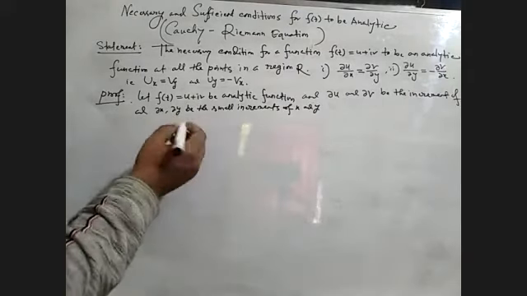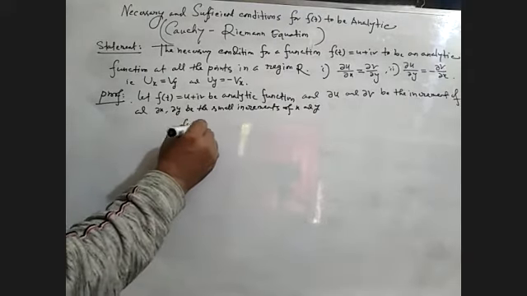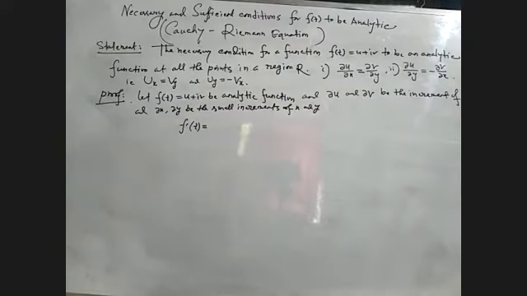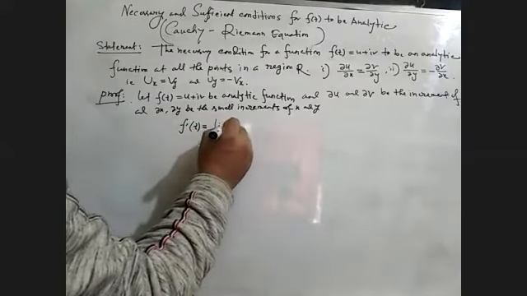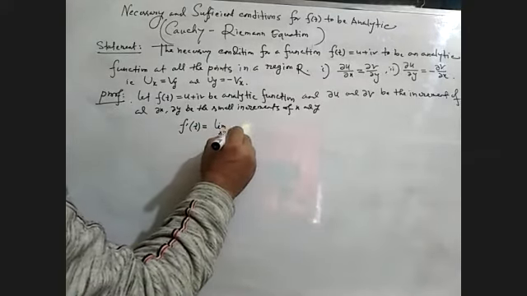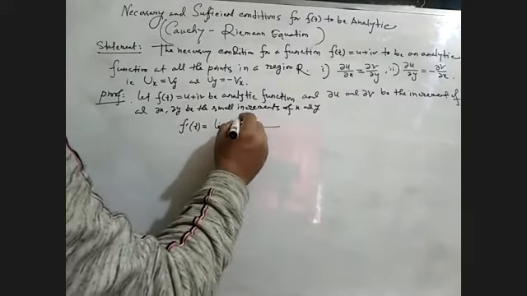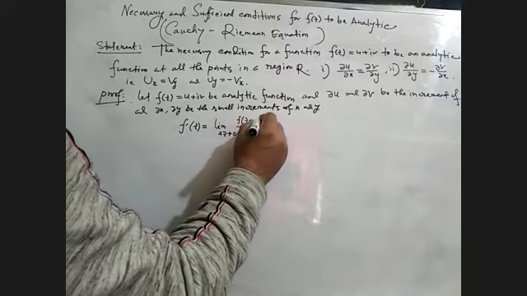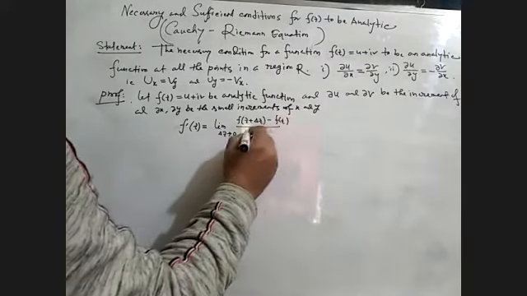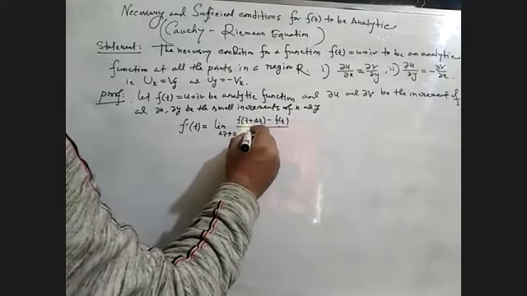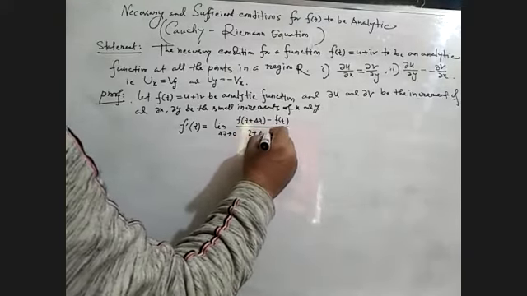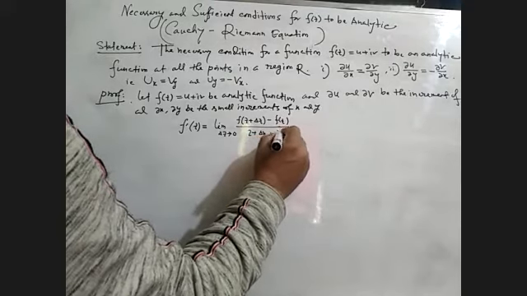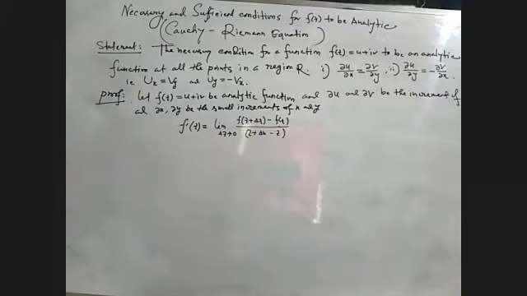So by the definition of derivatives of a function, f dash z equals the limit as del z tends to 0 of the ratio of the functional difference, f of z plus del z minus f of z, divided by the point difference, which is z plus del z minus z, that is, del z only.